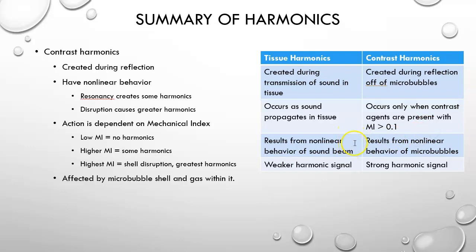Hopefully that makes sense. Tissue harmonics result from nonlinear behaviors of the sound beam, and contrast harmonics result from nonlinear behaviors of microbubbles. You get a very weak harmonic signal from tissue harmonics, but a very strong harmonic signal from contrast harmonics. So that's very good information to know.